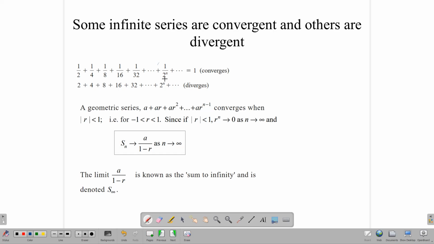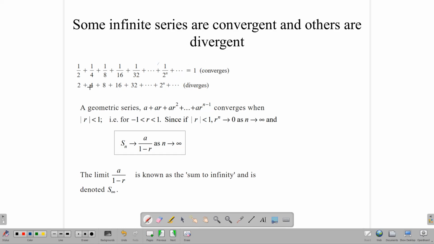And this number, 1 over 2 to the n, will get smaller and smaller, going towards 0. That means the numbers are decreasing and moving towards a particular number. So in this case, this particular series will converge. Like I said, more on that in another video.